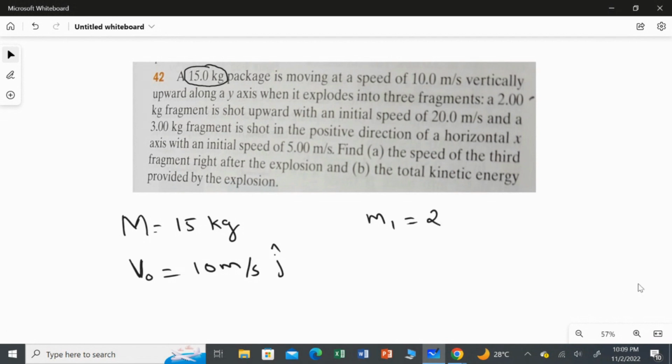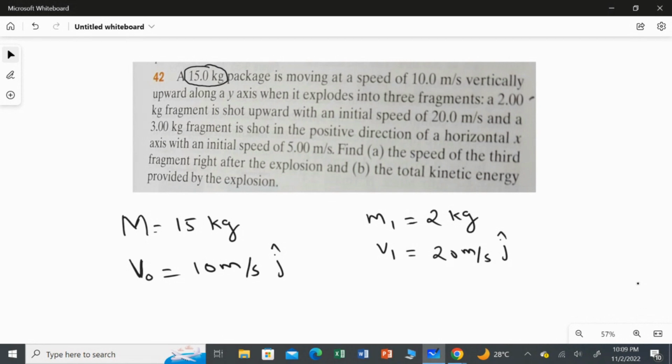They clearly mention 2 kilogram, which is shot upward with an initial speed of 20 meter per second, again in the vertically upward direction. That means the unit vector notation for this is exactly j cap. So the speed of the first fragment, V1, is 20 meter per second, j cap, right?